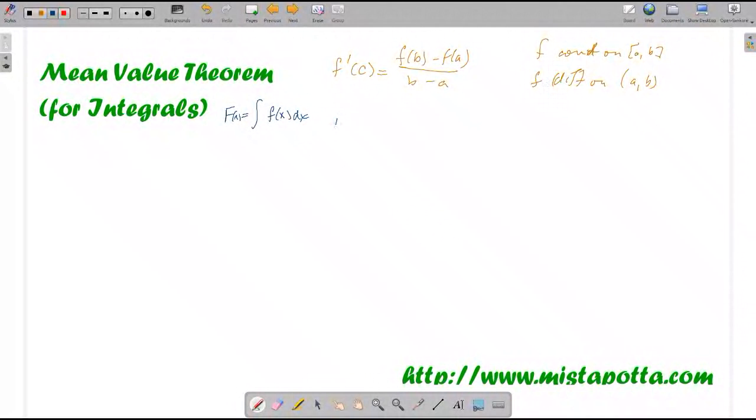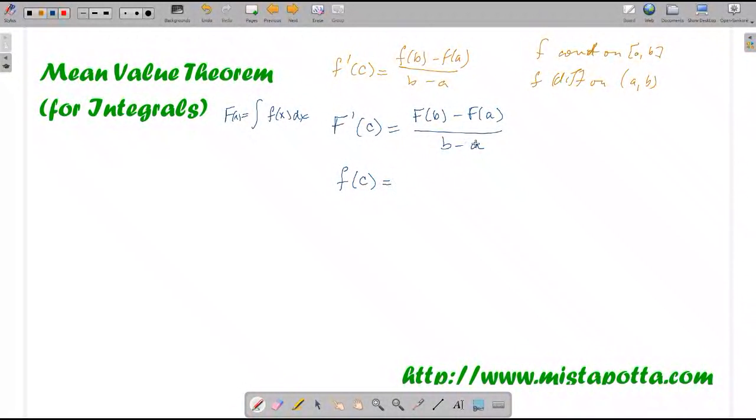So in other words, big F prime of c must be equal to big F of b minus big F of a over b minus a. But if big F is the antiderivative of f, the derivative of that should be f of c.